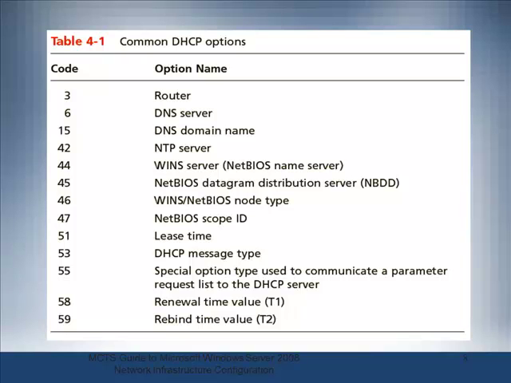DNS server, DNS domain name you can put in, not necessary, but it's one of the things that you can do. The time NTP server, if you want to do that, Microsoft uses its own NTP server. You can do other ones, but the NTP is a time server if you want to specify a time server on these things.